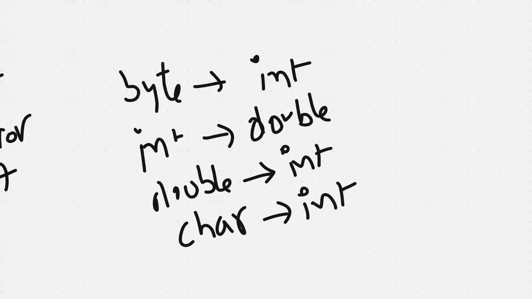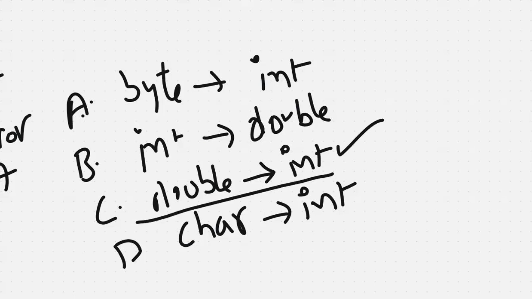Okay, so you have your four options: A, B, C, and D. The question is, which of the following requires explicit casting? Yes. So this one, double to int.